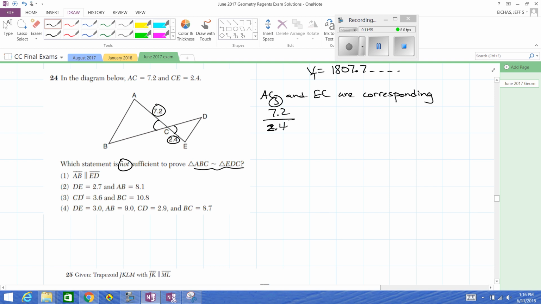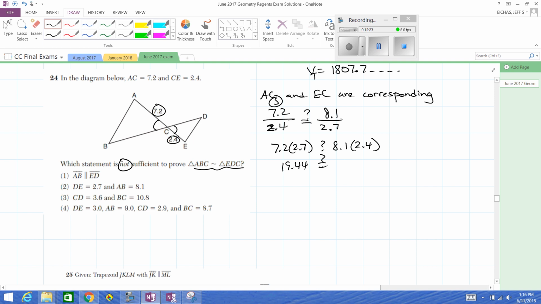All right, if DE is 2.7 and AB is 8.1, the question is, are they equal? So multiplying 7.2 times 2.7, is it equal to 8.1 times 2.4? So I get 19.44.